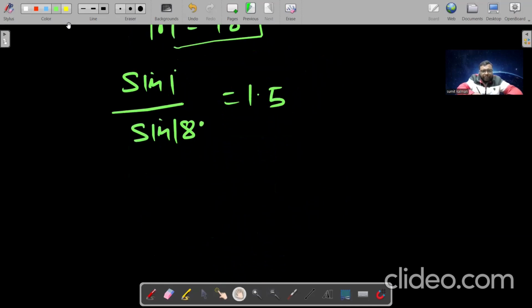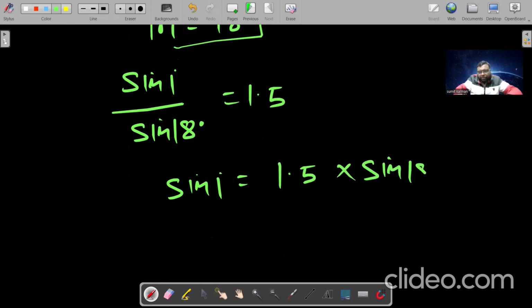And students, sine of angle of incidence is equal to 1.5 into sine of 18 degree. And if you simplify this, it comes out to be 0.45 on the right side. It is 0.45.